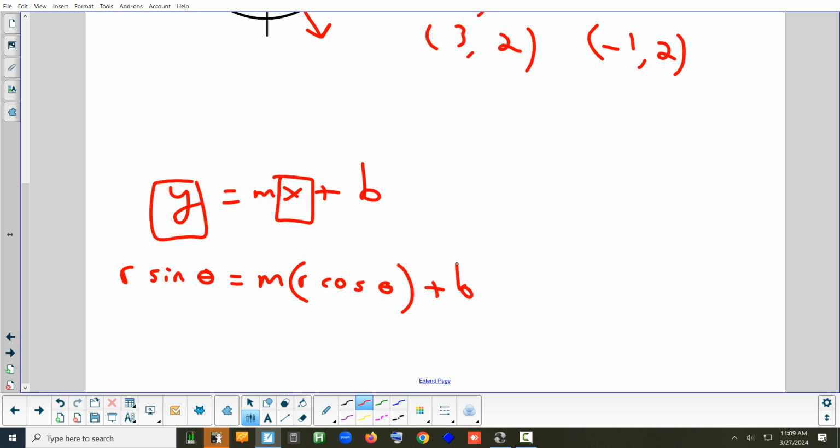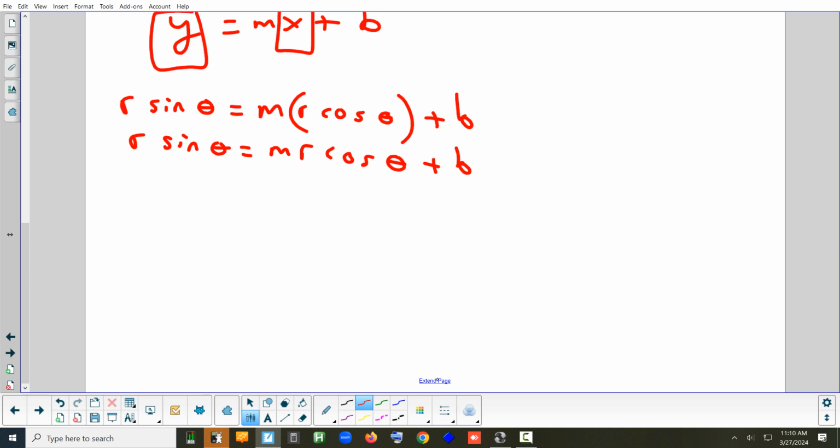So when we do parametric, it's x equals and y equals, and t is our parameter. R equals. So to graph this, you need r by itself. So we can multiply the r out. What would be my next step there to get r by itself?